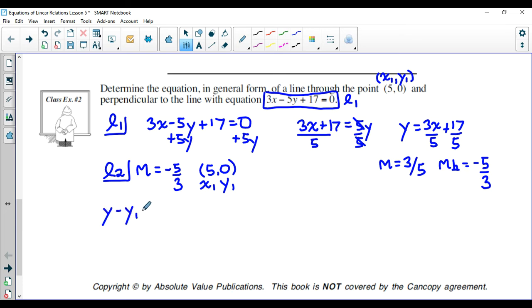Because now we have the slope and we have a point, so we'll go y minus y1 is equal to m, and then x subtract x1. Let's plug the numbers in. So the value of y1 is 0. The value of m is -5/3. And then here, you would have x subtract the value of x1, which is 5.